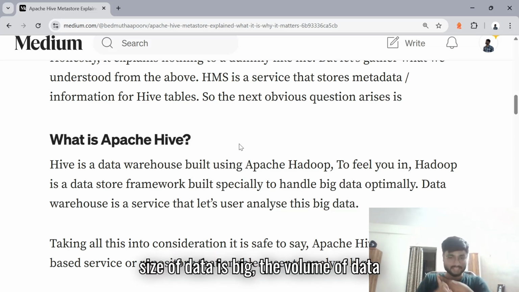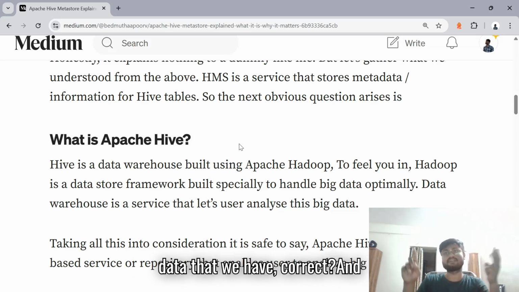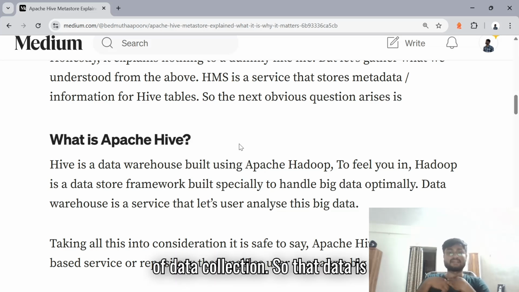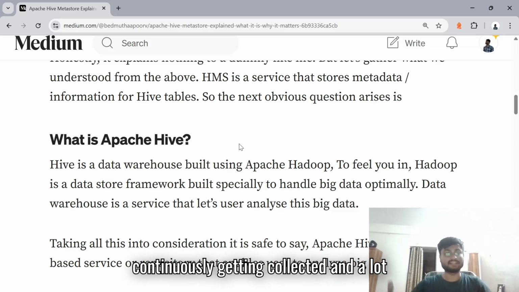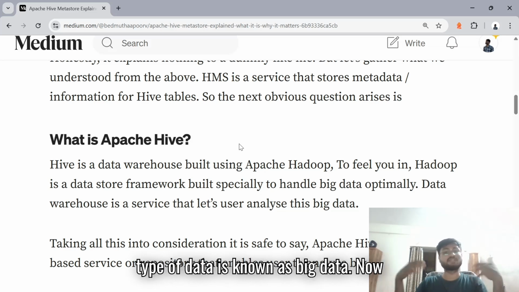So the size of data is big, the volume of data is big, there's a wide diversity in the data that we have, and there's a large frequency of data collection. That data is continuously getting collected and a lot of data is present. This type of data is known as big data.